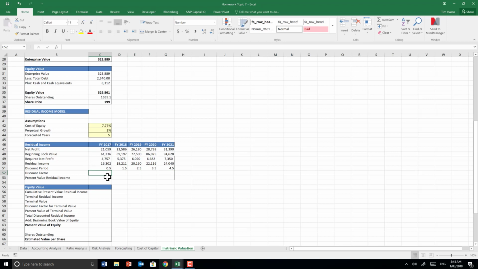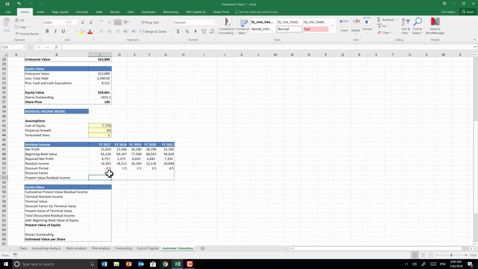And we then calculate the discount factor. And again, the discount factor is going to be equal to 1 divided by, open up a bracket, 1 plus the cost of equity in this case, and you lock that cell, close the bracket, and take it to the power of the discount period in the cell, in this case, cell C51.